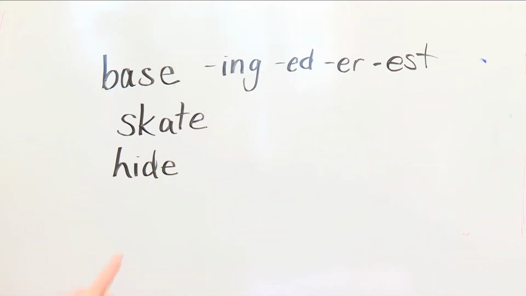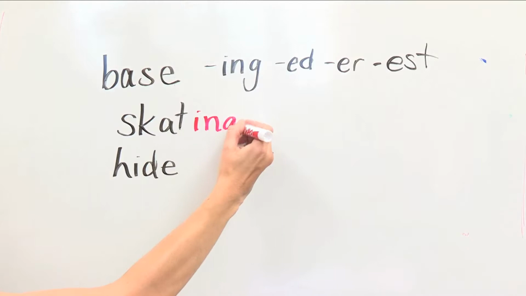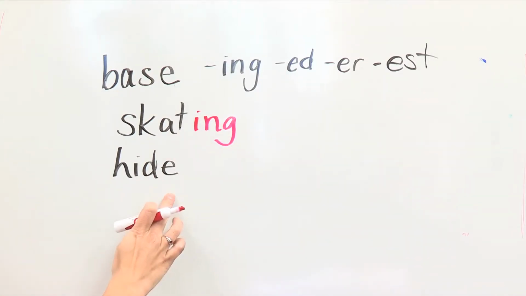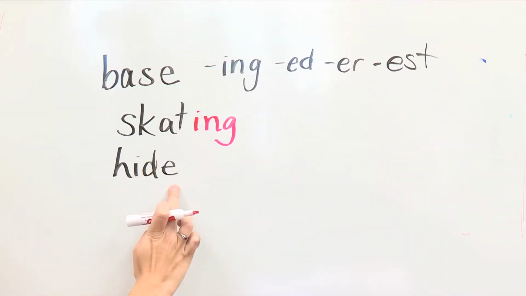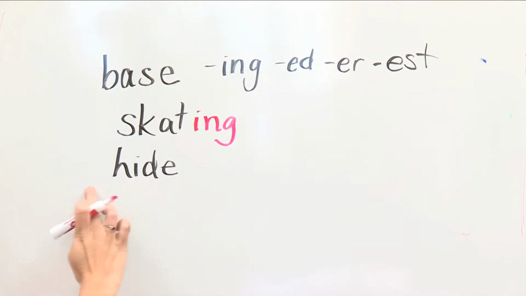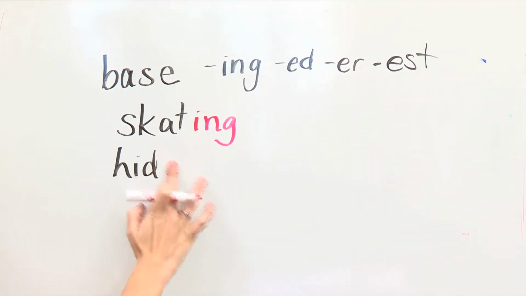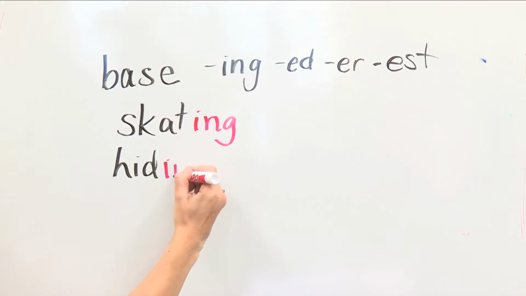But you don't just drop, you need to be careful with that rule. It's when it's a long vowel, silent e, then you drop the e and you add ing. Right? So hide. Yes, it ends in silent e, but it's a long vowel i, hide, silent e, then you drop the e, and you add ing.